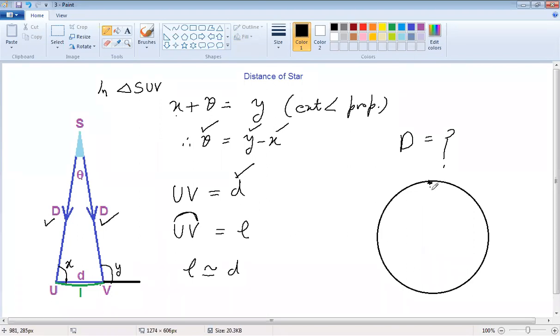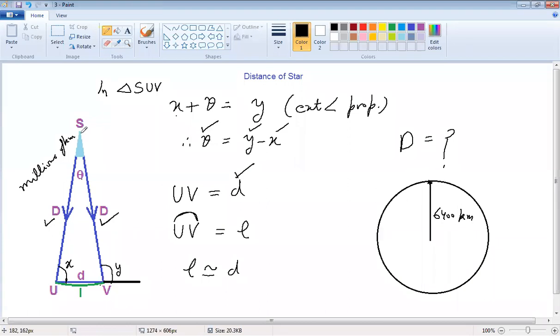Is it okay? And why is earth a very large sphere? Because its radius is how much? Its radius is 6,400 kilometers. And this is very small as compared to the distance of the star, which is millions of kilometers.